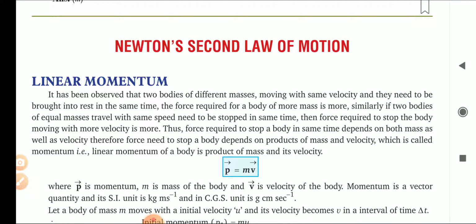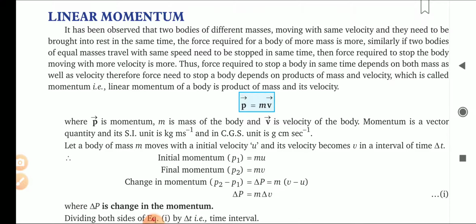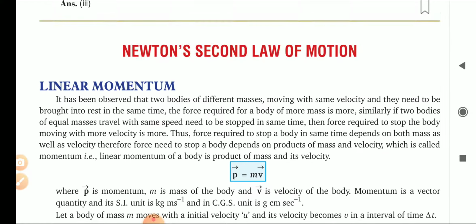Suppose mass will remain the same, m, initial velocity is u, final velocity is v. So initial momentum will be mu and final momentum will be mv. So (mv minus mu) upon t is directly proportional to the force. So the rate of change of momentum of a body is directly proportional to the impressed force.